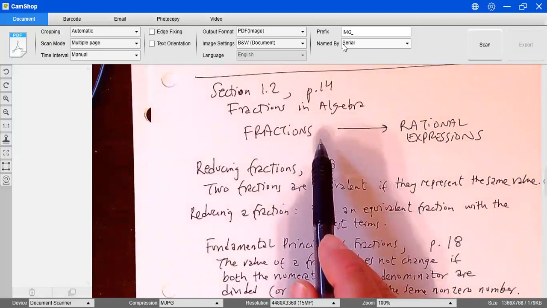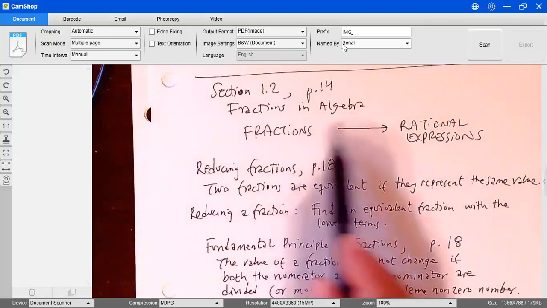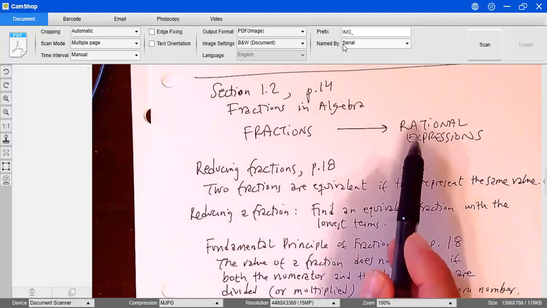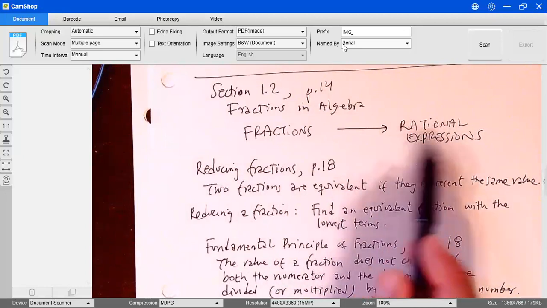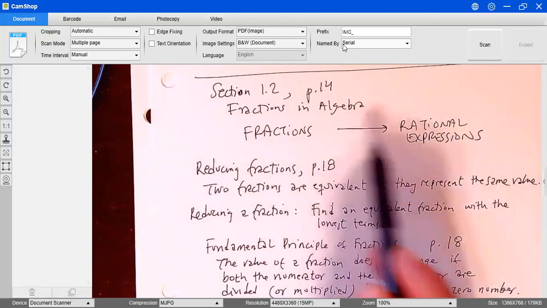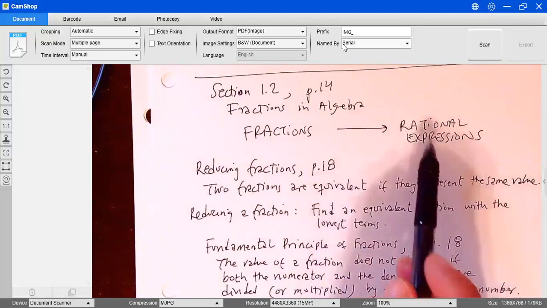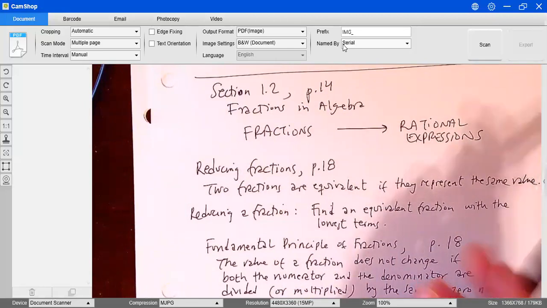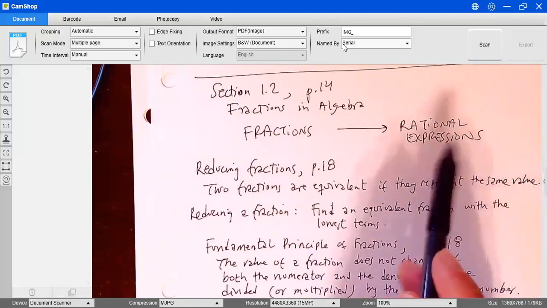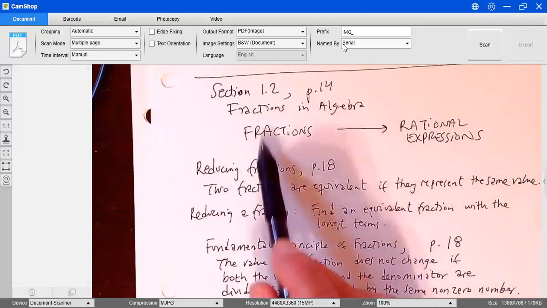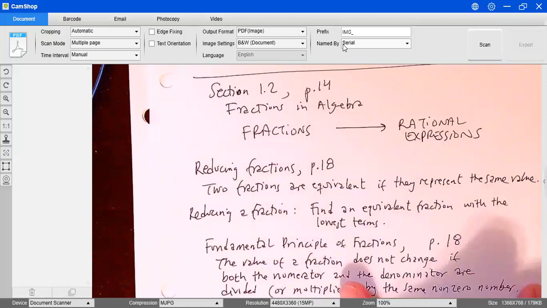We're going to know those fractions as rational expressions. So anytime that you hear the phrase rational expressions, they are talking about fractions with variables. A rational expression, which we're going to learn in chapter 6 or 7 later, is just fractions involving variables.